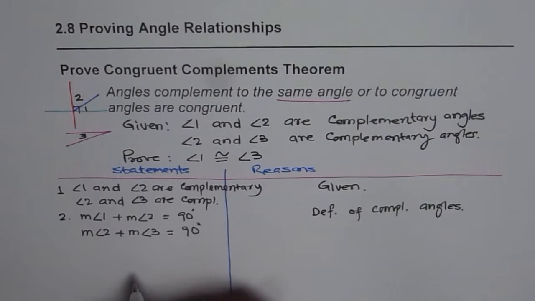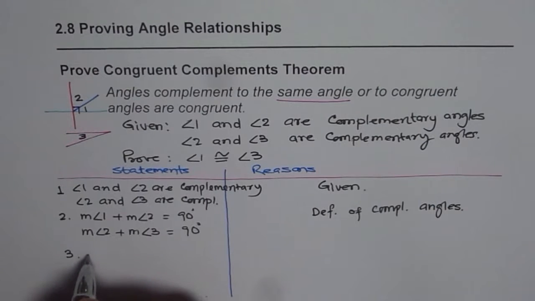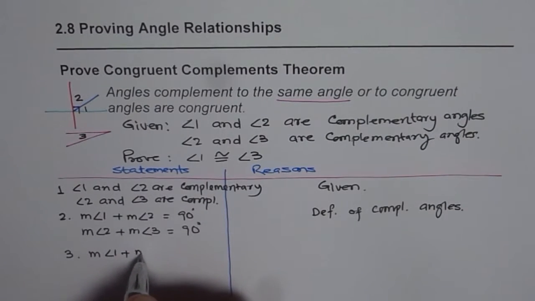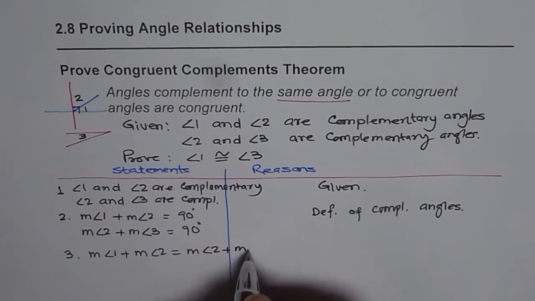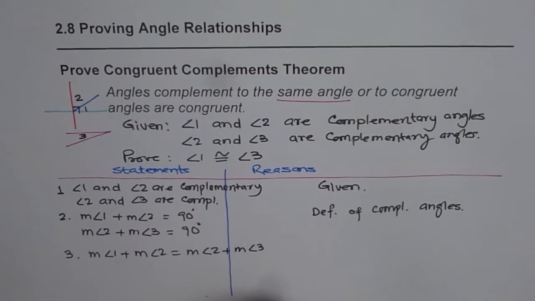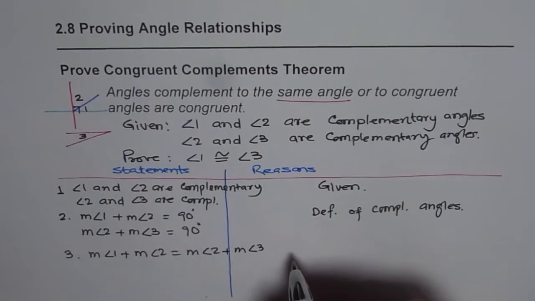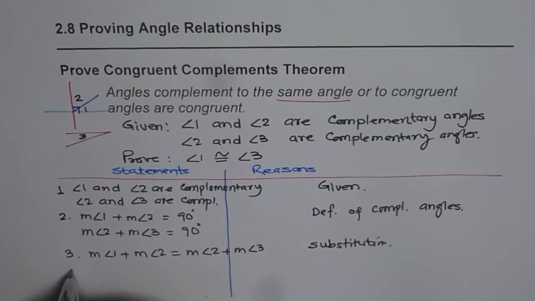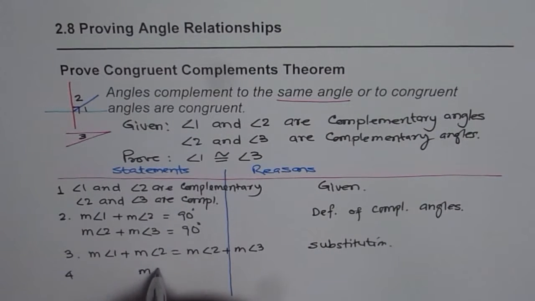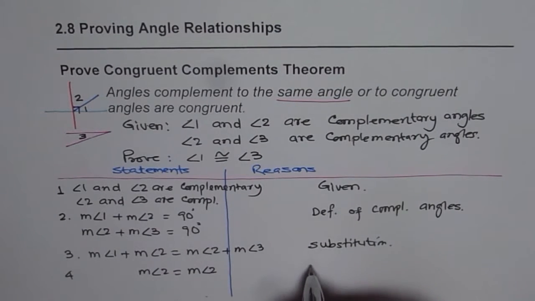Now, from here, both of these equations equal 90 degrees. So what can we write? We can say that the measure of angle 1 plus the measure of angle 2 is indeed equal to the measure of angle 2 plus the measure of angle 3, right? This is from substituting from equation 2, correct? So that is from substitution. Now, as you know, the measure of angle 2 is indeed equal to the measure of angle 2. That is the reflexive property.